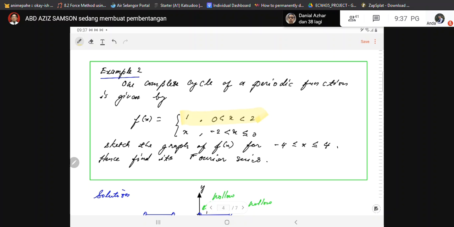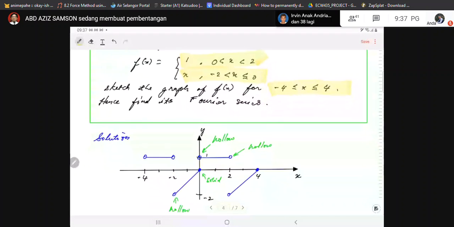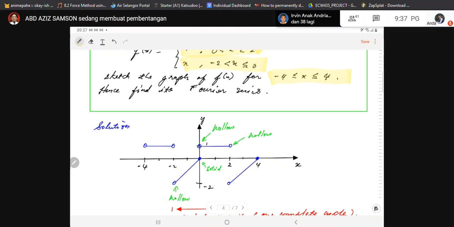The complete cycle of the function is 1 from 0 to 2, and from minus 2 to 0 it is given by x. Sketch the graph of the function for x from minus 4 to 4. What you want to do in this particular case is to get a straight line.